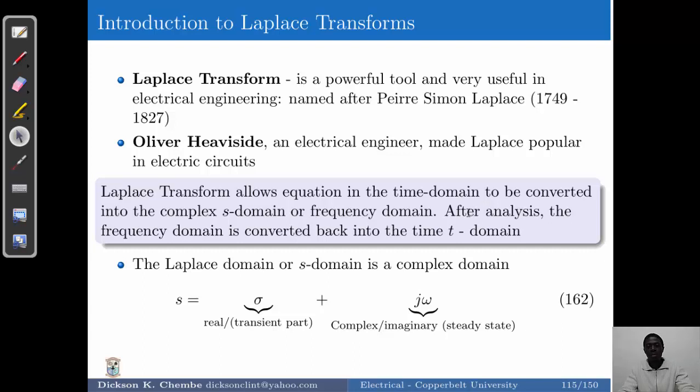Now, as I mentioned, the Laplace domain or the S domain is a complex domain.